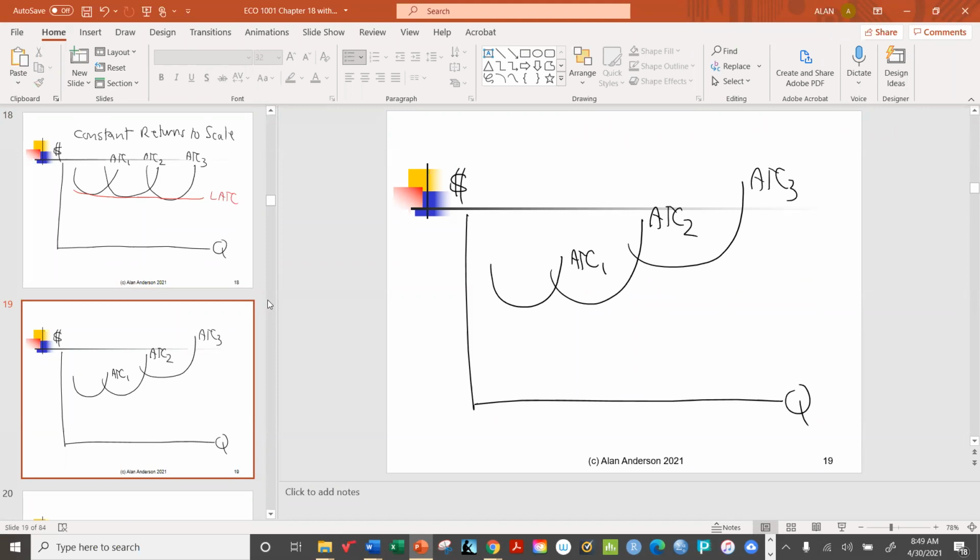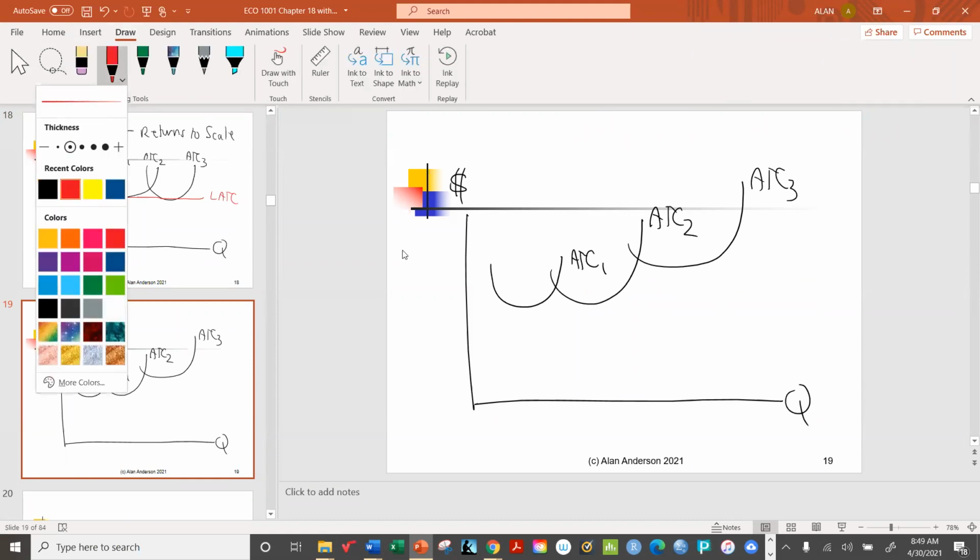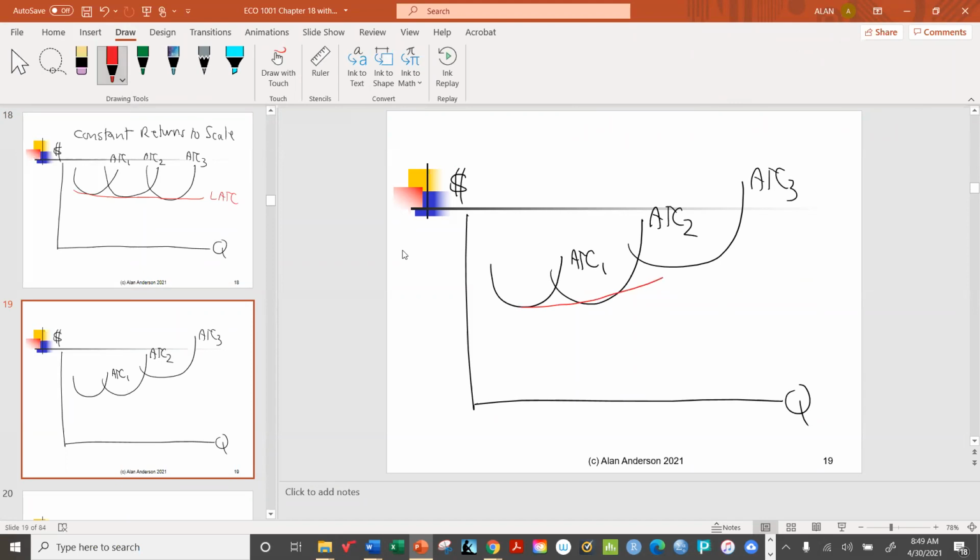Oh, we don't like this one at all. Okay, so all right, well, I didn't draw that well, but the idea here is that it's increasing as we try to produce more output.